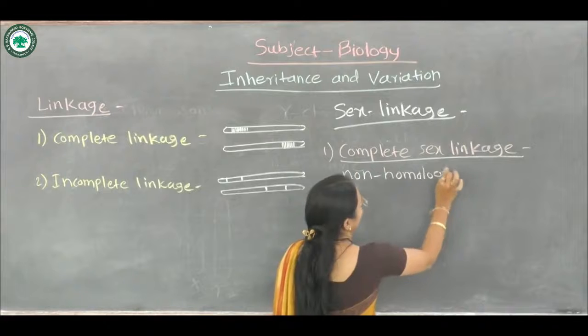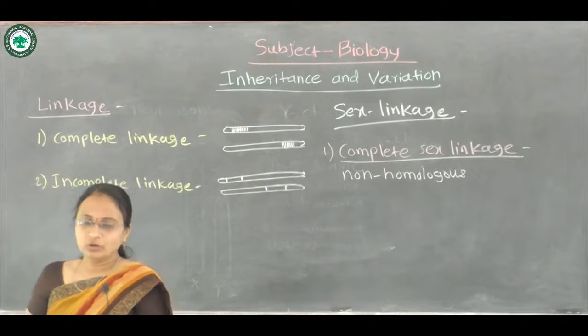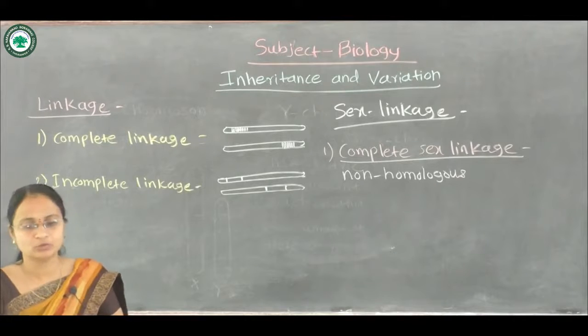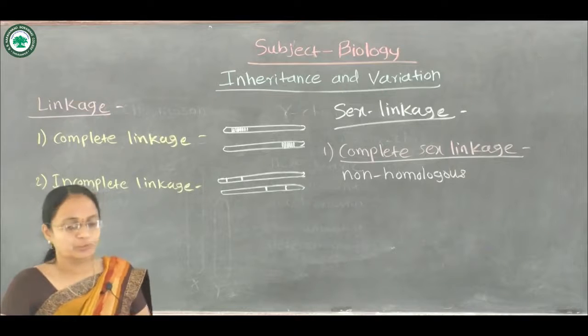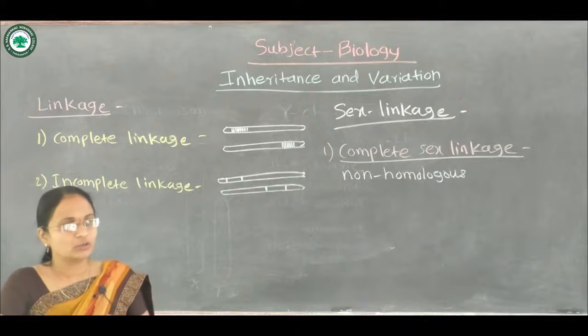That is very important, where these genes are located: they are located on the non-homologous region of X as well as the Y chromosome, and they inherit together because crossing over does not occur.